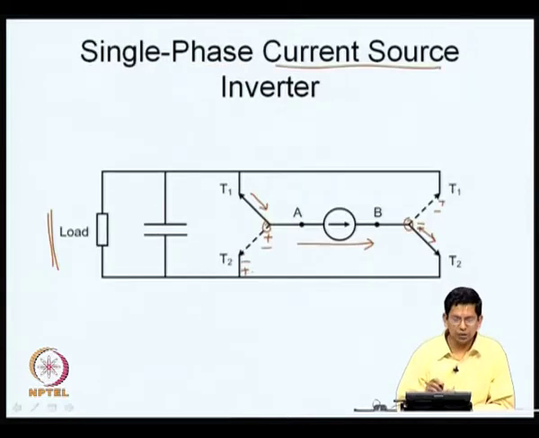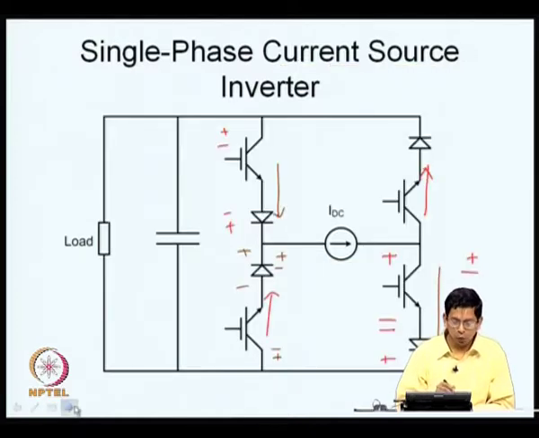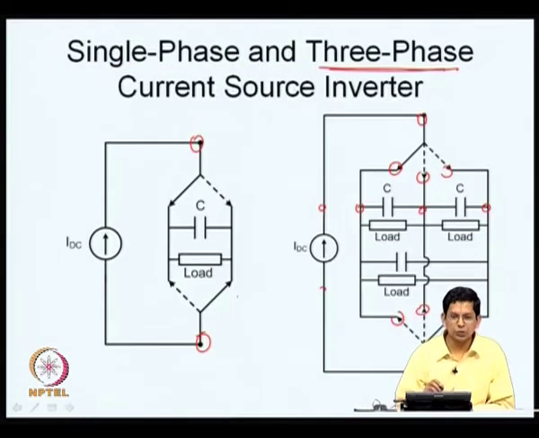In a current source inverter, you may again have a single pole double throw switch with unidirectional conduction but bidirectional voltage blocking capability. And if you go to a 3-phase current source inverter, you will need 2 single pole triple throw switches. Now, all this is to recollect, so that we have our ideas clearer before we launch onto what we need to see today.